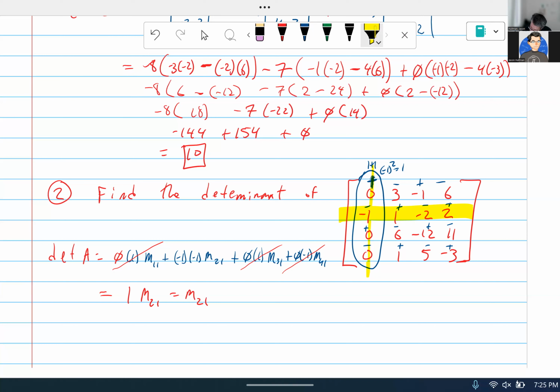Okay. So if we cross off row and column, then what's left over? Okay, what is that minor 2, 1? That minor 2, 1 is going to be the determinant 3, -1, 6, 6, -12, 11, and 1, 5, 3. Now we just have to find the determinant of that multiplied by 1.